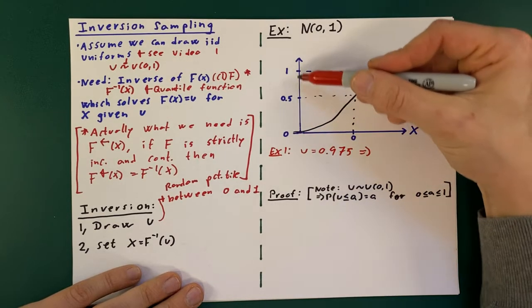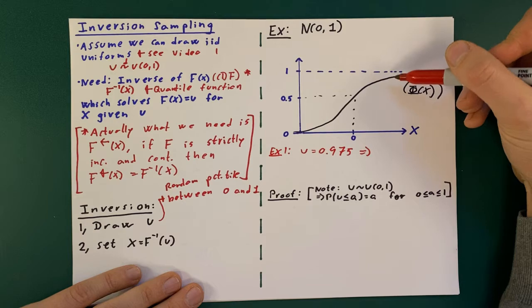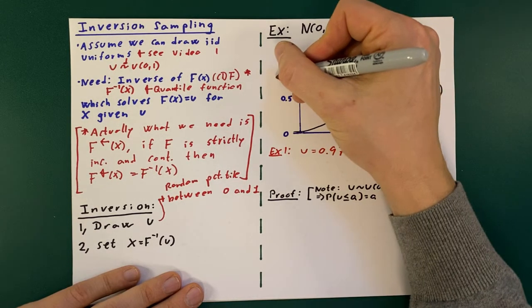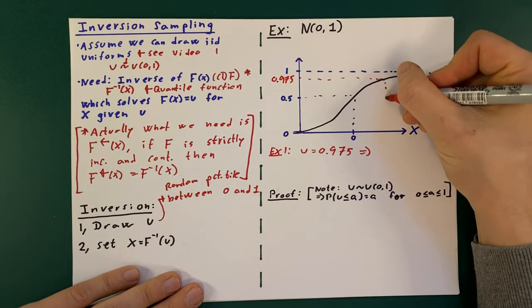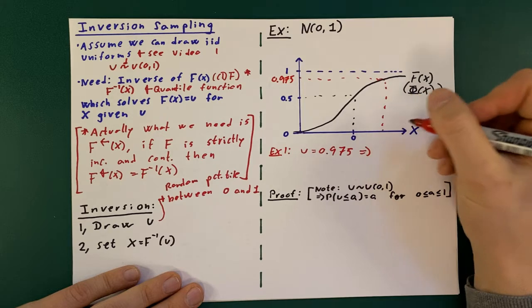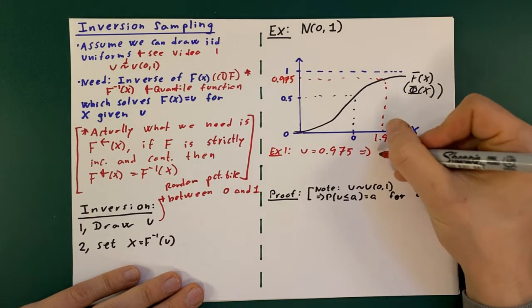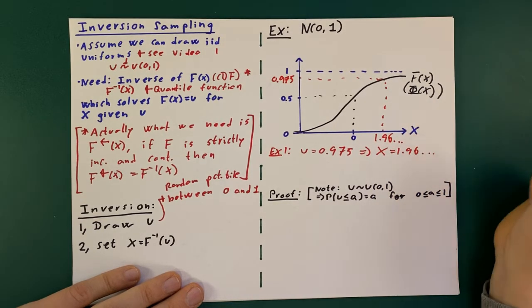So over here we end up here, then we go over until we hit the distribution function, this is 0.975, and then we drop down here, and for the standard normal distribution this is 1.96 and so on. So here x is equal to 1.96.